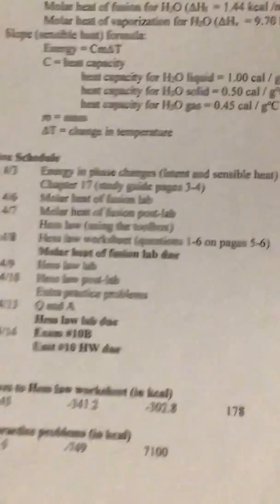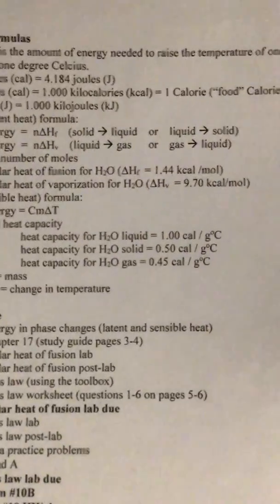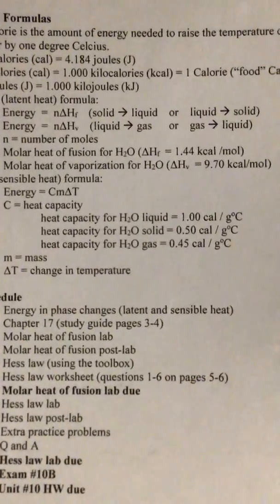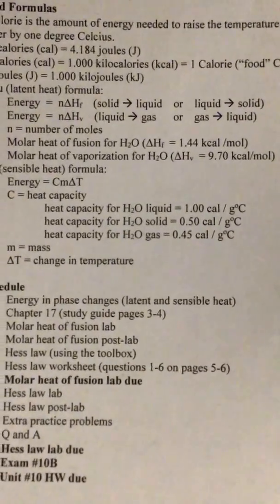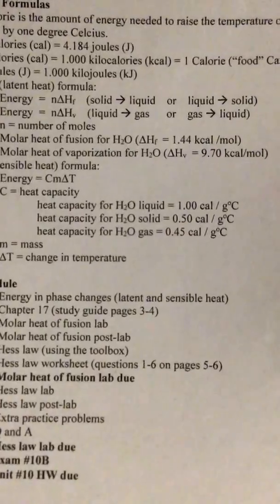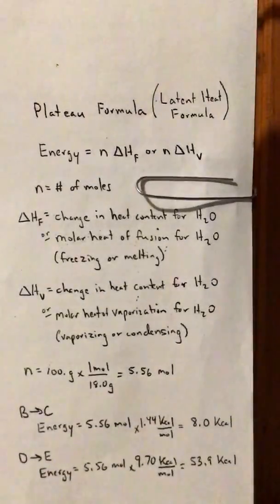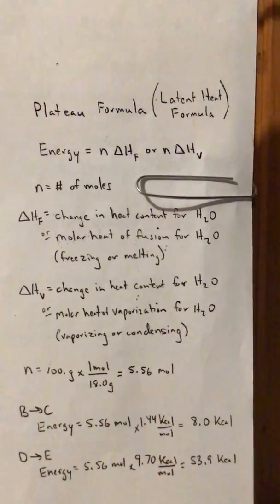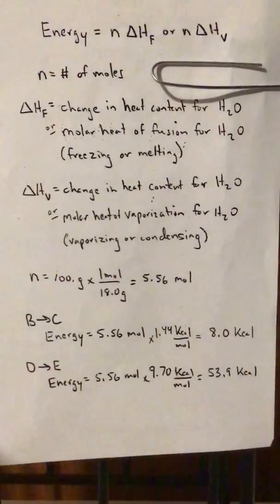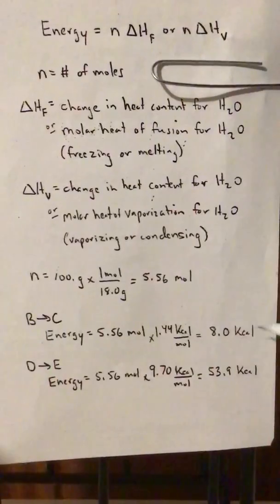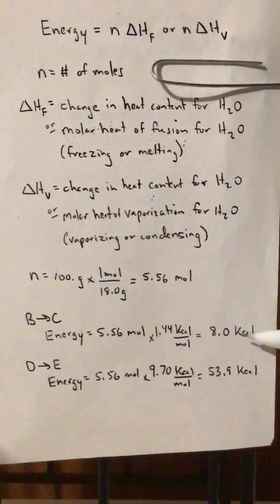Then I look at my formula guide, and I can see I just need to plug in. The molar heat of fusion is 1.44 kcals per mole. The molar heat of vaporization is 9.70 kcals per mole. So for the lower plateau problem, I plug in 1.44 kcals per mole, and I get 8.0 kcals.